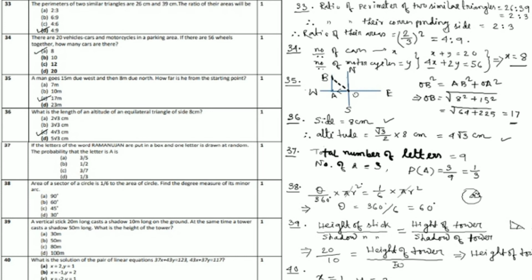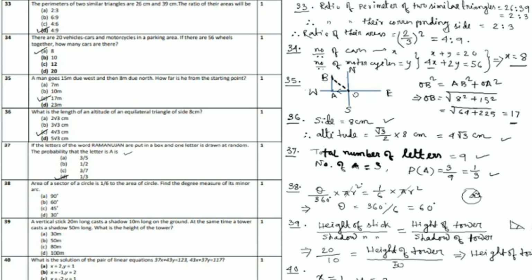If the letters of the word Ramanujan are put in a box and one letter is drawn at random, the probability of the letter A is what? So here the total number of letters is 9, Ramanujan, and how many A's are here? There are 3 A's. So the number of A is equal to 3. So the probability of A will be 3 upon 9, and it will be 1 by 3. So option D will be the right one.